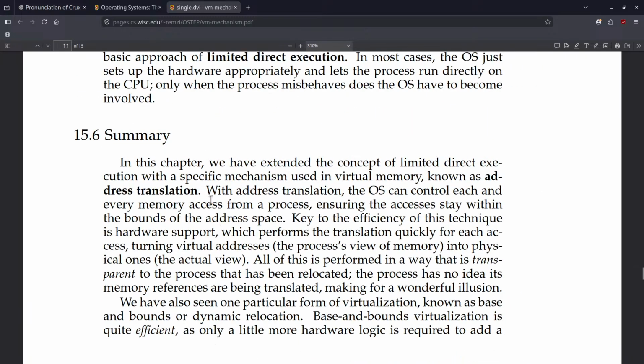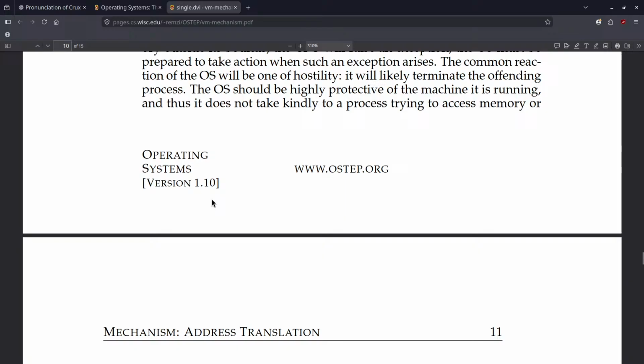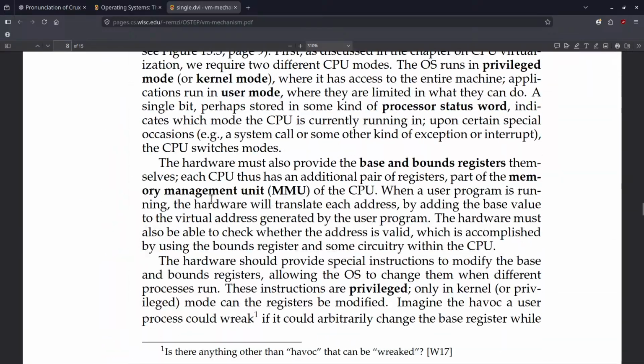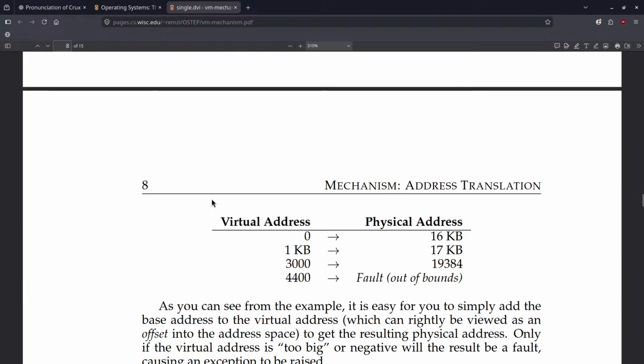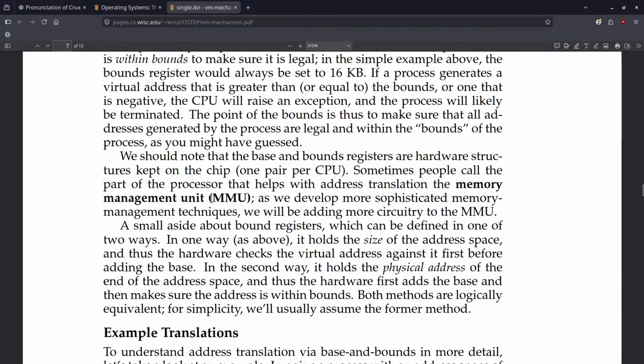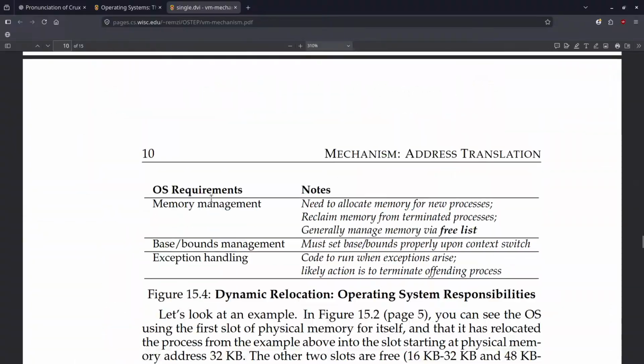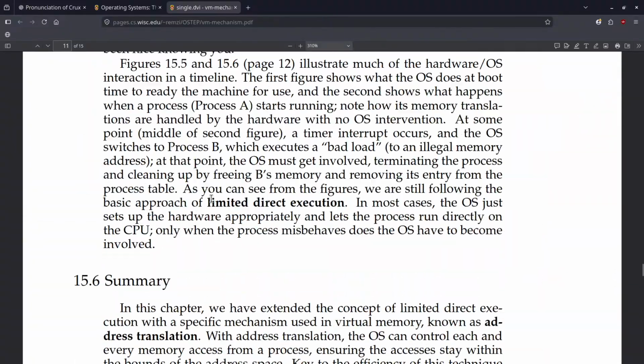Wait, we had just a summary a little bit before. I have no idea what I'm reading right now.